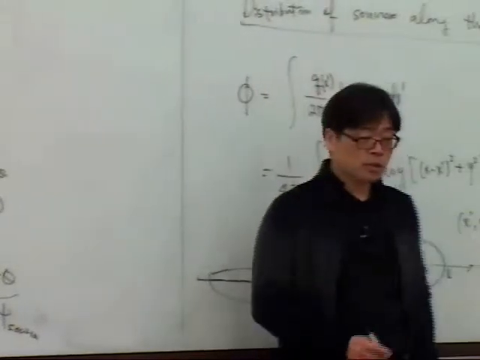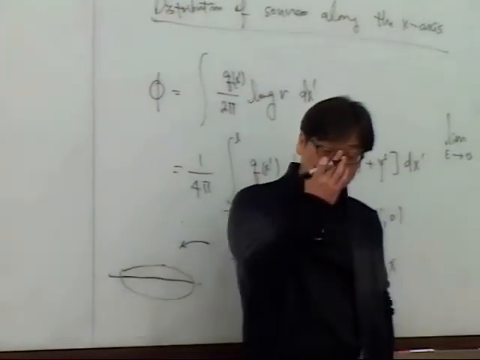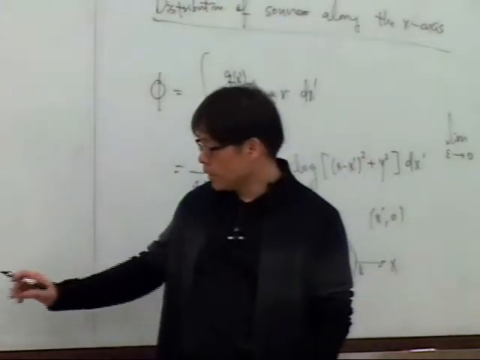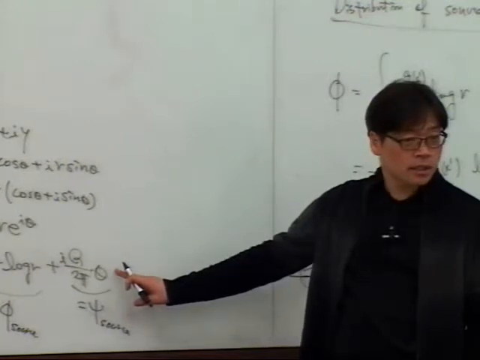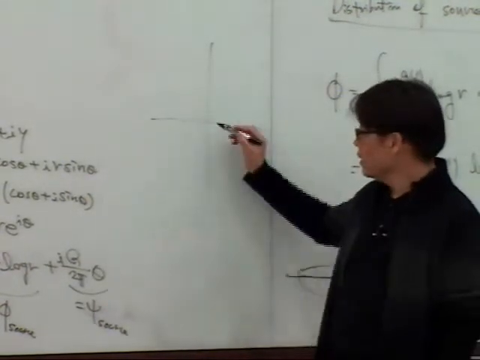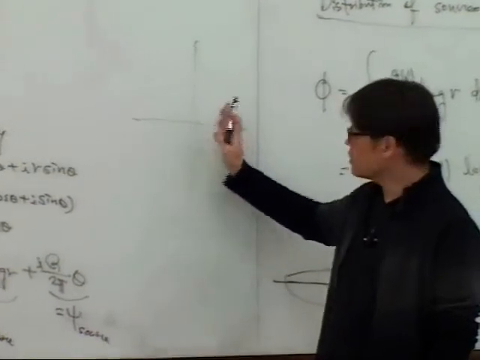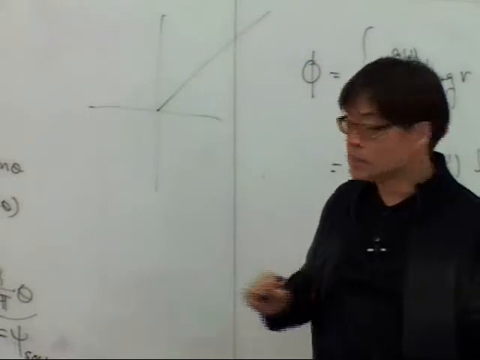So this is phi for source and this is psi for source. I said the streamlines are lines of constant stream function. So let's say psi is constant, meaning that theta is constant. So I can draw streamlines easily. Fix theta, some angle, then constant theta, that's a streamline.